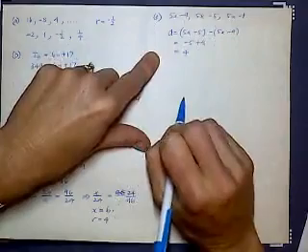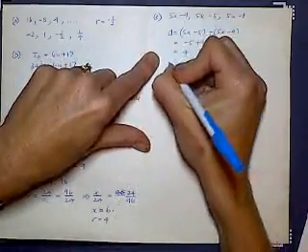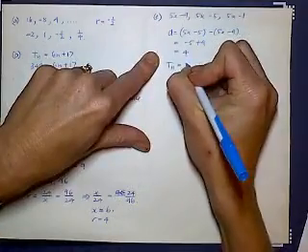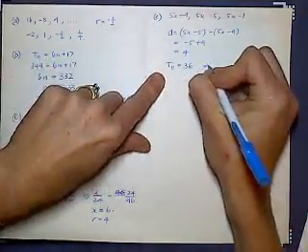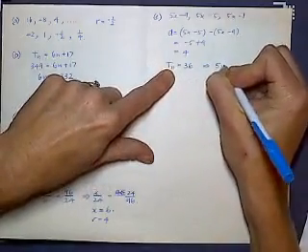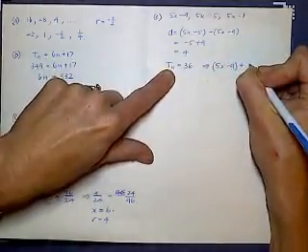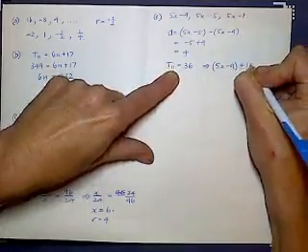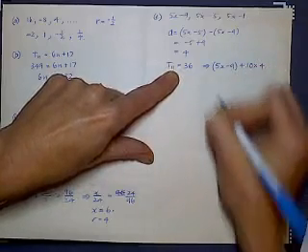And we're now asked to find the value of x given that T11 is equal to 36. Well, the formula for T11 is equal to a, 5x minus 9, plus n minus 1, 11 minus 1 is 10, times the common difference d, which was 4.